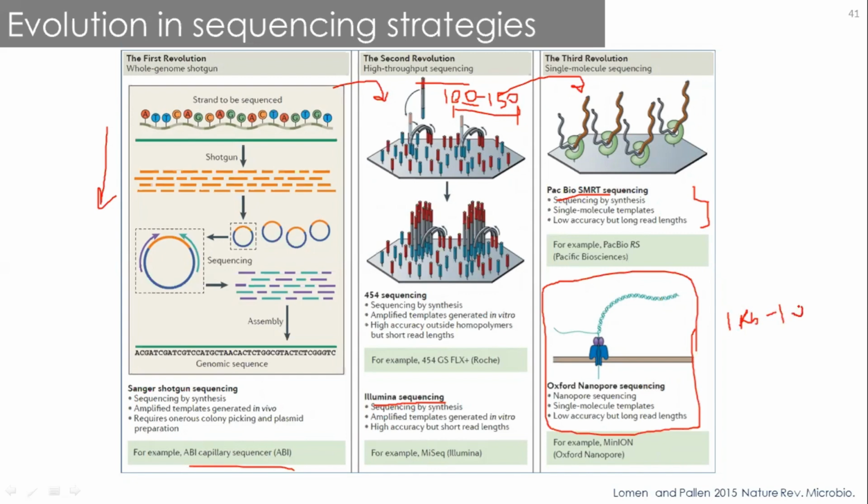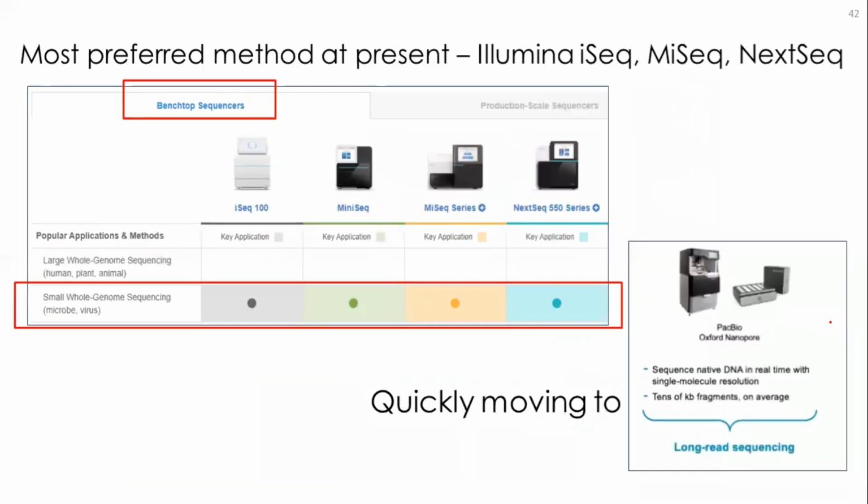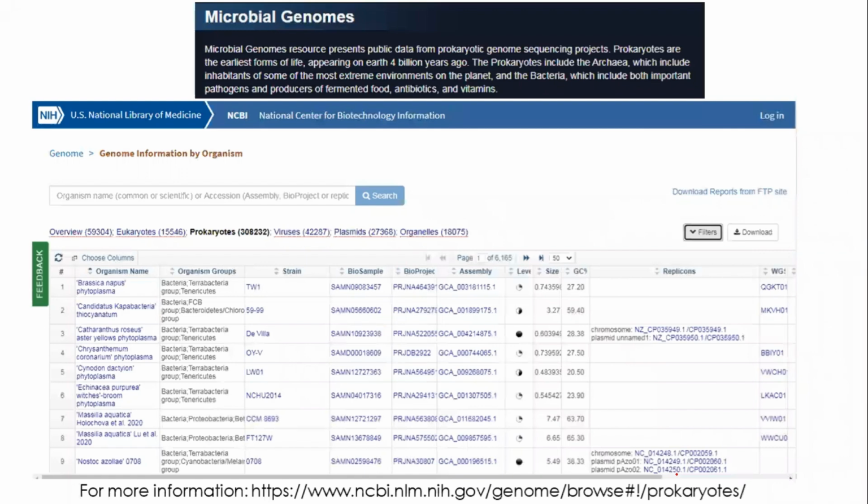So in one go itself, you can have the whole gene sequence. So at present we have mostly been using Illumina sequencing, and slowly people have started moving to third generation sequencing, which produces long reads.